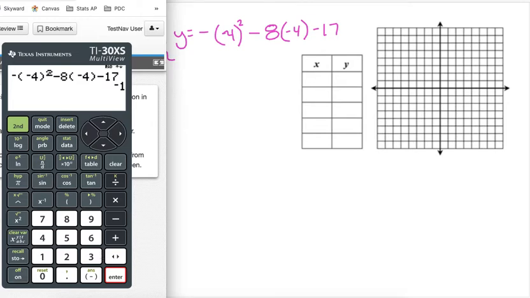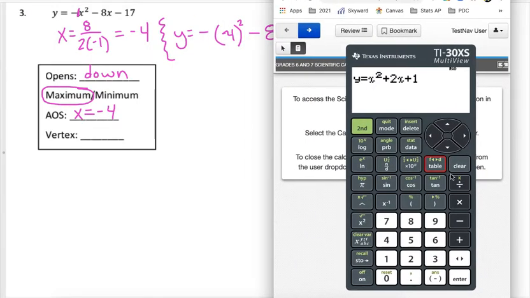So here's another thing that we can do here. If I wanted to, I can go to my table and enter this in. So I'm going to have -x squared minus 8x minus 17. Got it right that first time. Hit enter. And notice that I could start at -4, but I could also say, let's go ahead and ask me what x's I want.